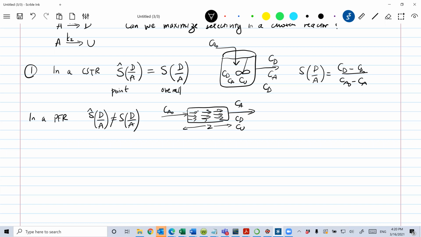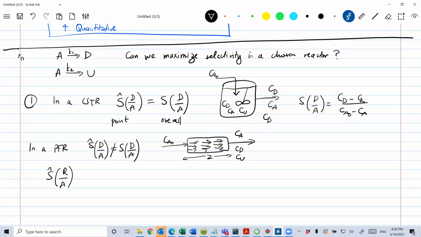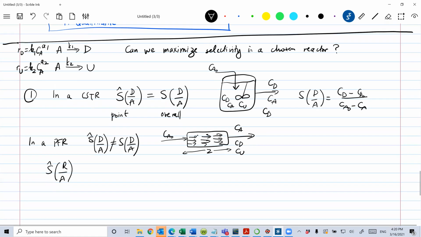So the instantaneous selectivity, say, of D to A over A. Now, keep in mind, let's write out here what the rate is. We'll call it K1. I don't like KDs. I keep forgetting them. RD is K1 CA to the power of A1, RU is K2 CA to the power of A2. Let's say this is what we've got. Just a normal parallel reaction.